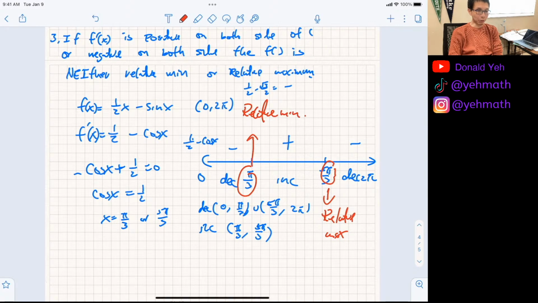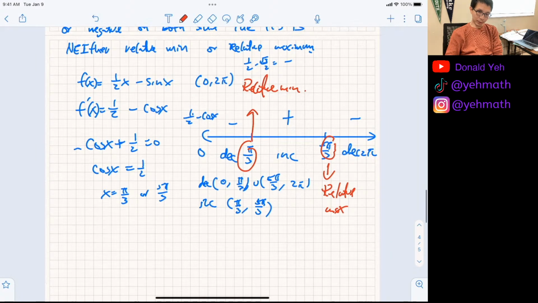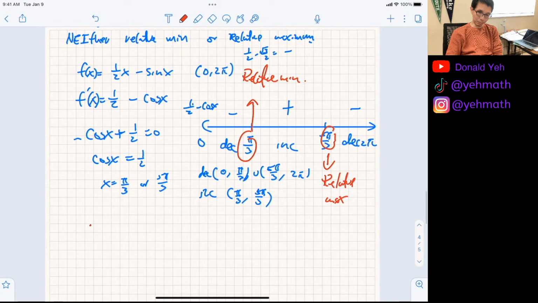And if you want to find the value, remember to plug in to get the original value. So let's just say if I want a relative minimum value, I will plug in f of pi/3, and it's going to be 1/2 times pi/3 minus sine of pi/3.